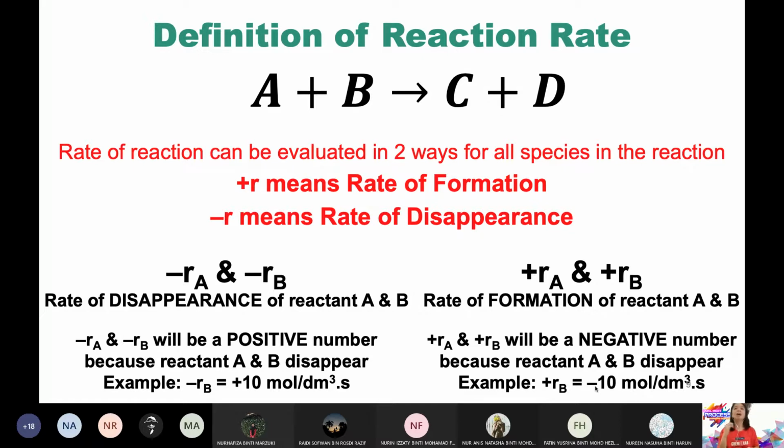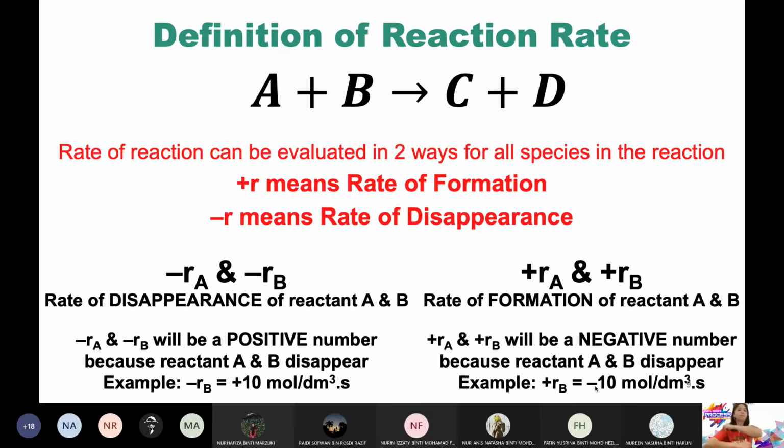Sebab katakan kamu tahu kepekatan C. Katakan dalam kamu punya reaktor tu, kamu monitor kepekatan C. Maka kamu akan kira lah kadar kehilangan C, kadar pembentukan C. Kalau kamu kira untuk D, kamu kira berapa kehilangan atau pembentukan kepekatan D dengan masa, kamu dapatlah kadar kehilangan, kadar pembentukan D. Okay, although I tell you, usually kalau dalam plant, orang kira A, orang akan kira kehilangan kepekatan reaktor A dengan masa, biasanya orang guna tu. Tapi up to you, kalau kamu nak guna C and D, kamu boleh kira juga. Tapi akan berdasarkan produk C, produk D lah.